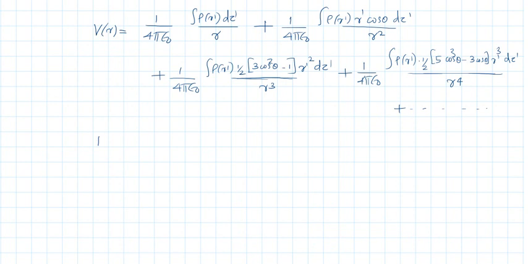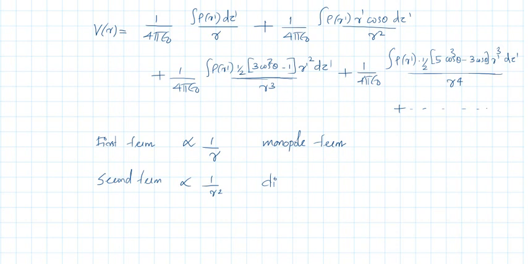First term varies as 1 by r and it is called monopole term. Second term varies like 1 by r squared. It is called dipole term.